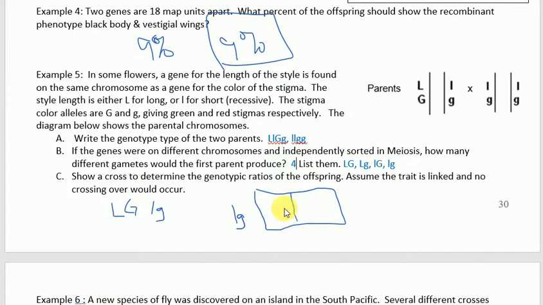So we're going to have a very small cross. So we end up with LlGg and llgg. And that would be our cross.